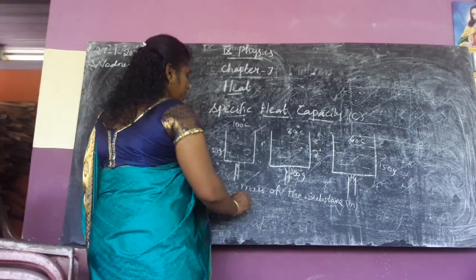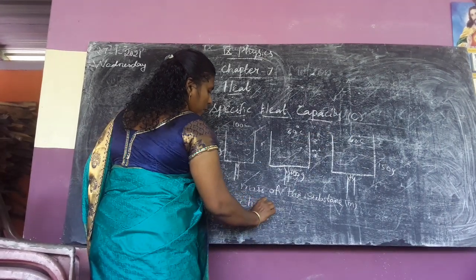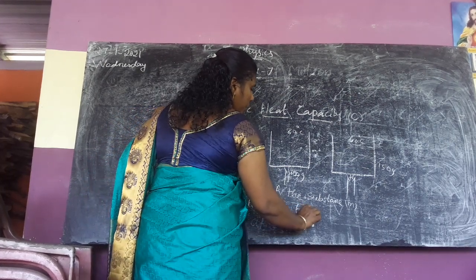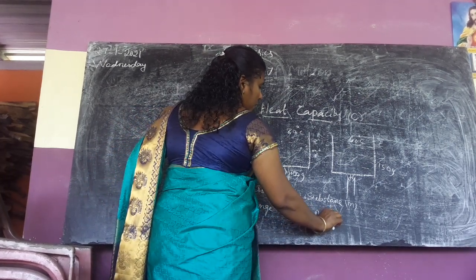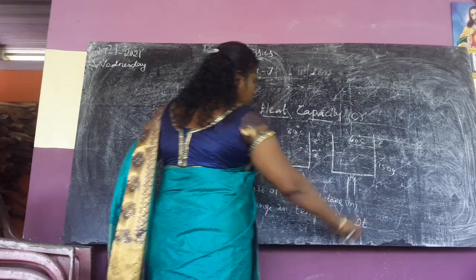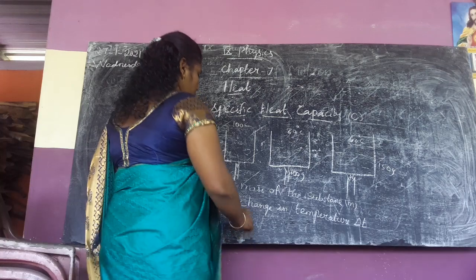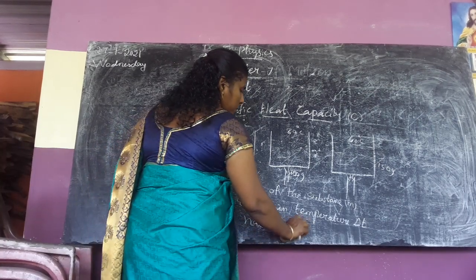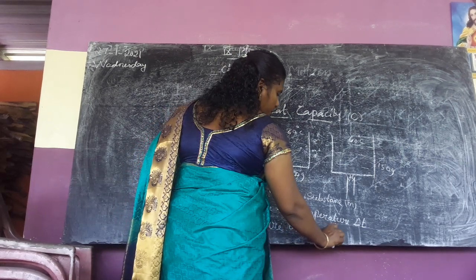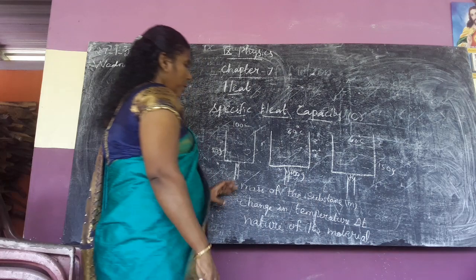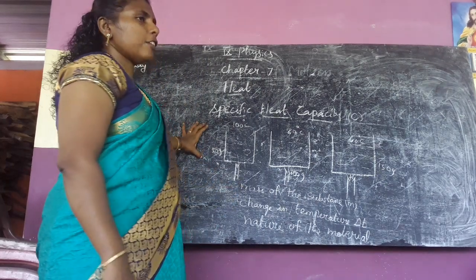So the change in temperature is delta T. And the nature of the material. Depending upon these three, we can find the specific heat capacity.